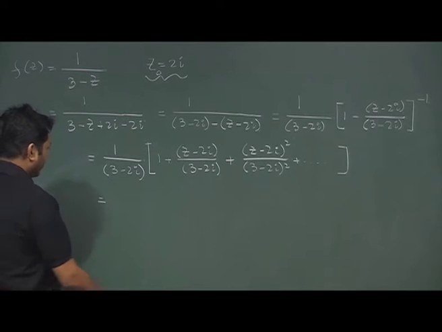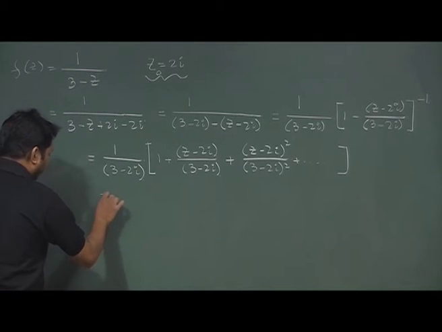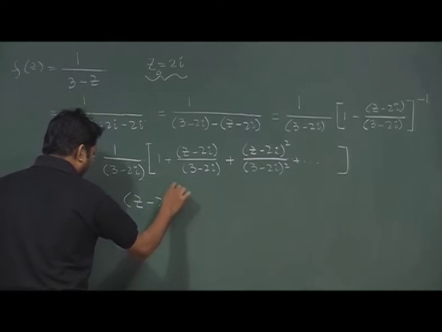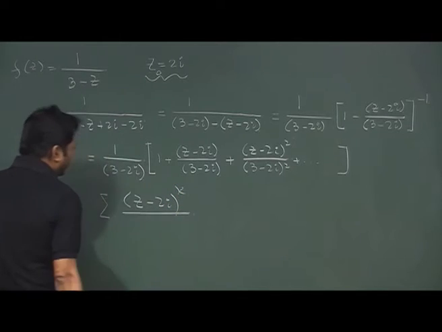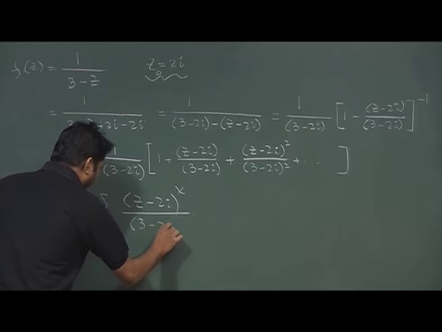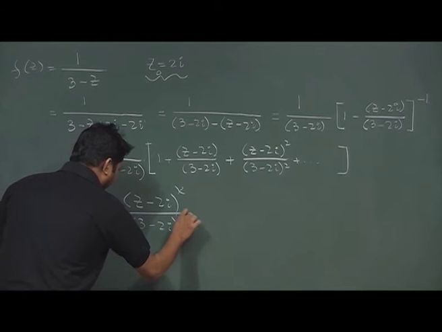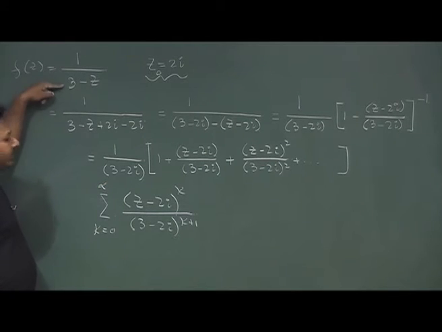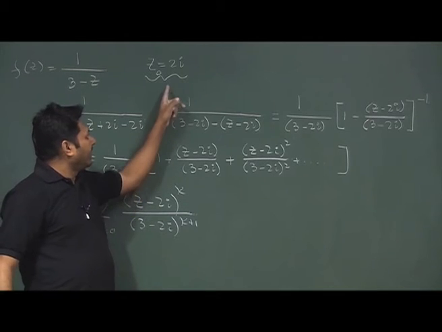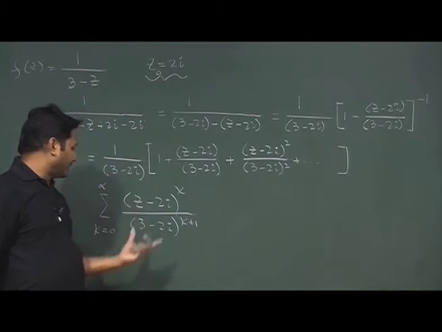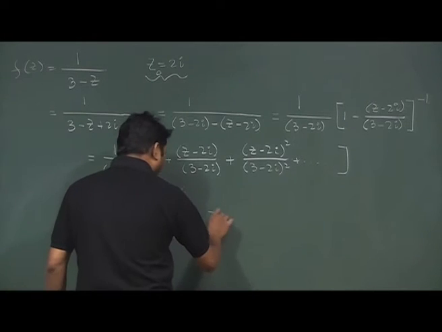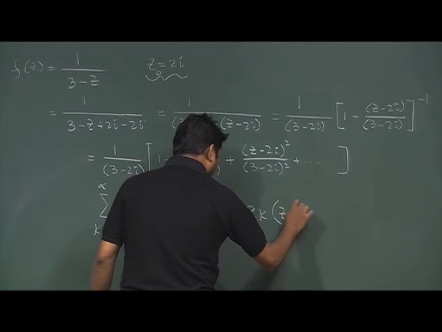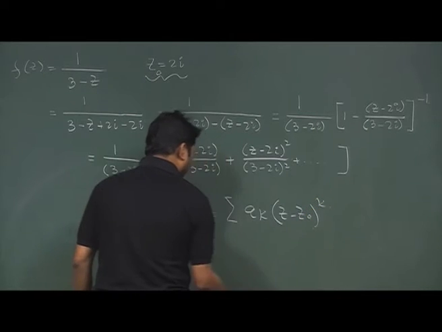In the summation form, I will simply have (z minus 2i) to the power k divided by (3 minus 2i) to the power k plus 1. This is the series I have for this given function when I am expanding at the z0 equal to 2i point. It is equivalent to our old power series, a_k (z minus z0) to the power k.